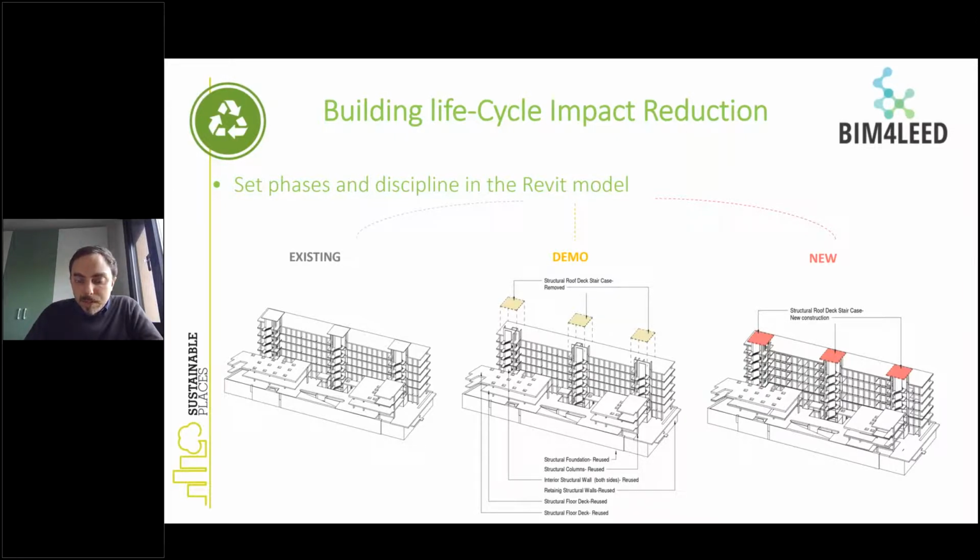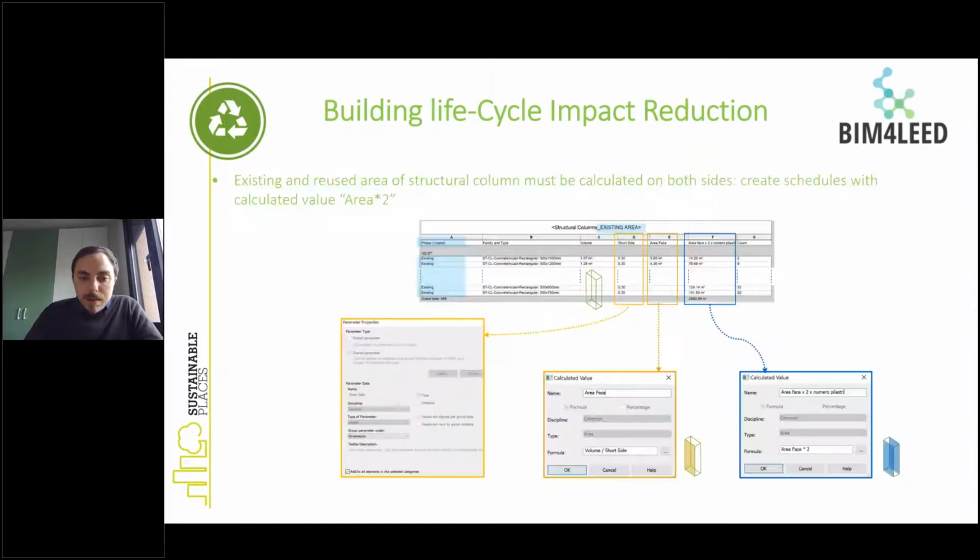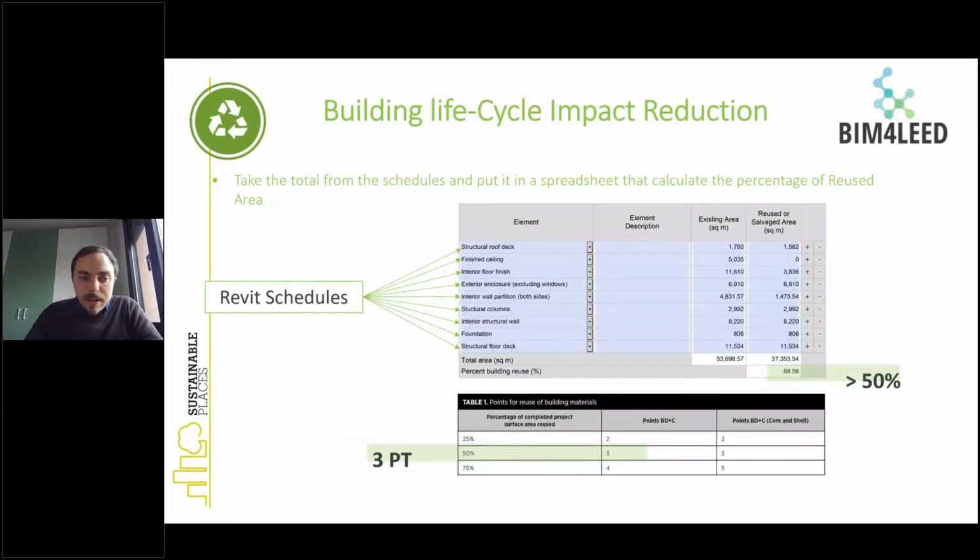That is a particular command in Autodesk Revit, and this command allows us to calculate the percentage of material that we reuse, and then put this data directly in the LEED online schedule.